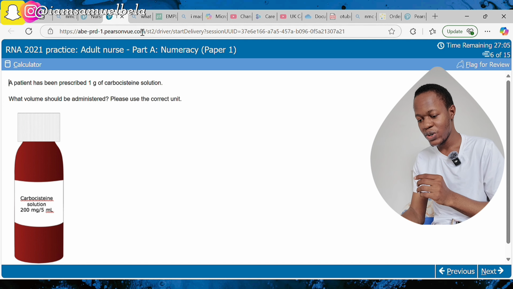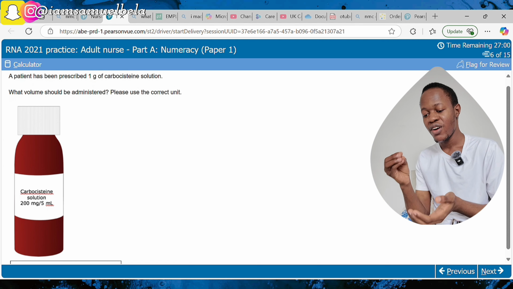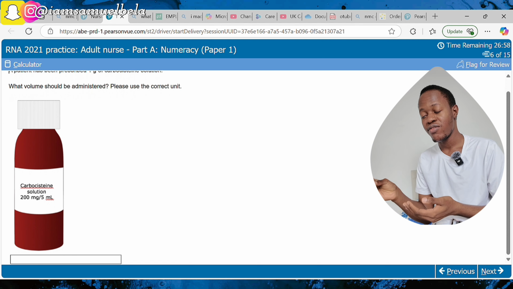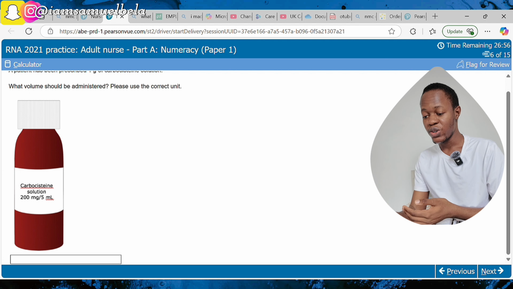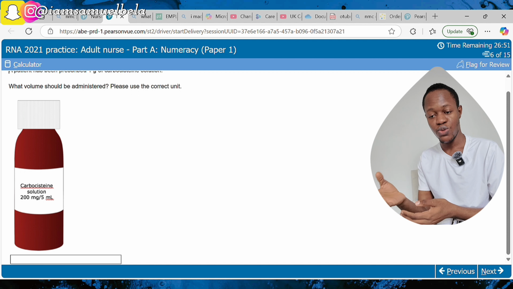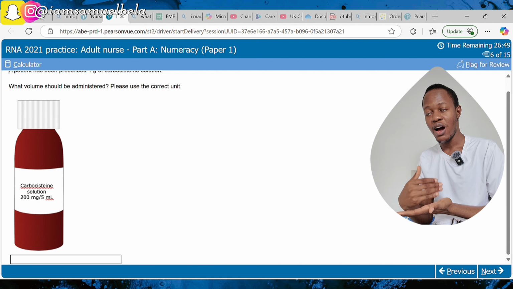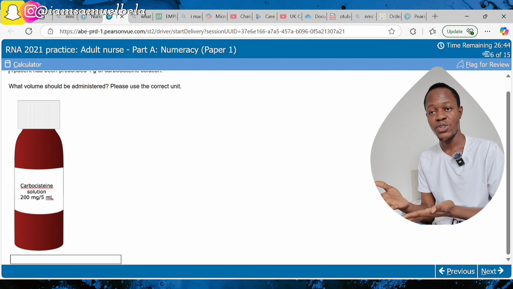So 1 gram of carbocysteine is prescribed and we have 200 milligram per 5 ml. In order to get 1 gram, that's 1000 milligram, we need to see how many 200 milligrams are in 1000 milligram, which is 5.